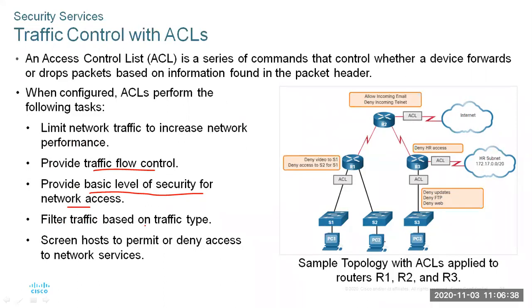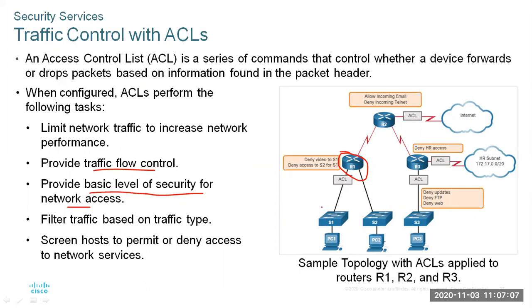So you see here we have PC1 to 3, and access lists are applied at the routers. An access list is applied here, and what does it do? It denies video to switch 1, and denies access to switch 2 for switch 1.